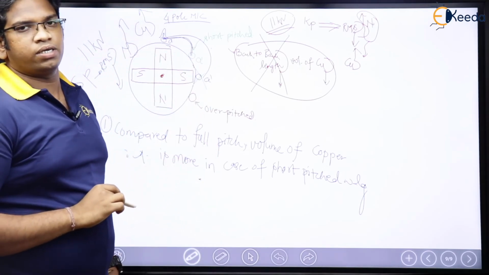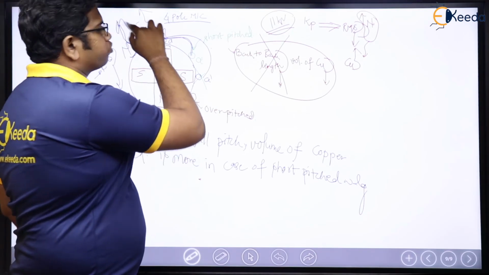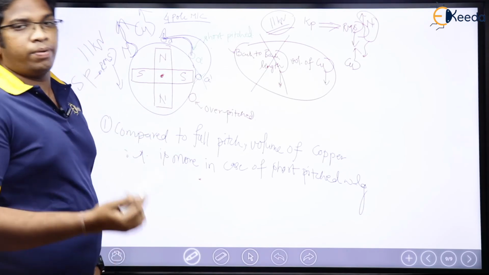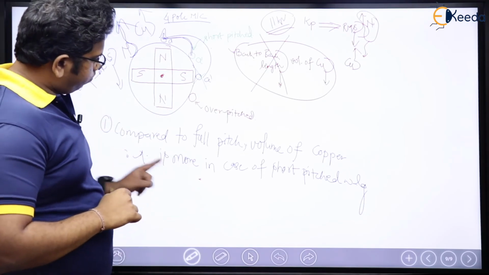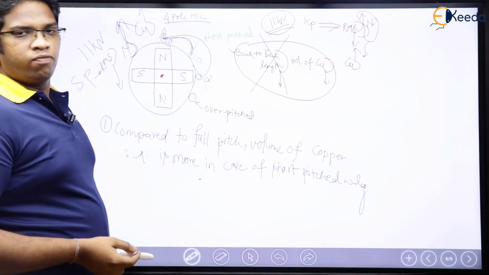Yes, it is less. But at the same time, the number of turns is also increased, and the number of turns is tremendously increased. That is the reason the volume of copper required is more as compared to full pitch.